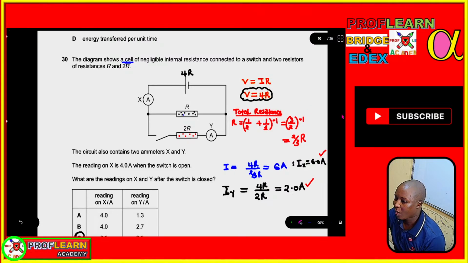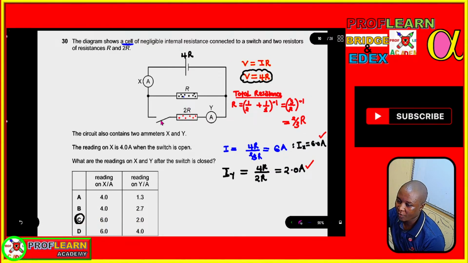Now, once the switch is closed, we have 2 resistors in parallel. So 1 over the total is 1 over R plus 1 over 2R, which gives a total resistance of 2R over 3.